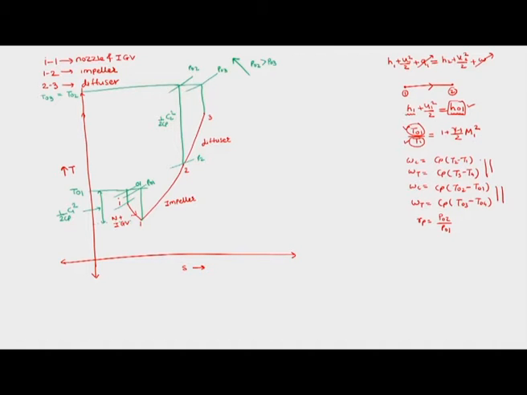Since the flow is not completely stopped, we have half Cp C3 square, which is the velocity at the outlet of the diffuser.